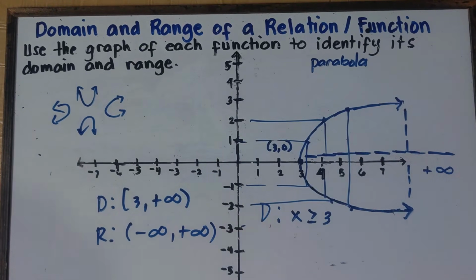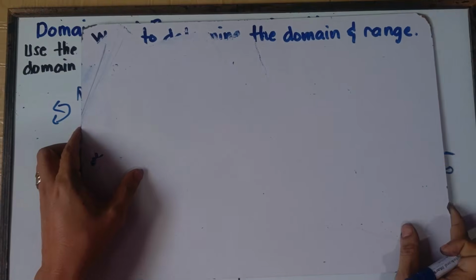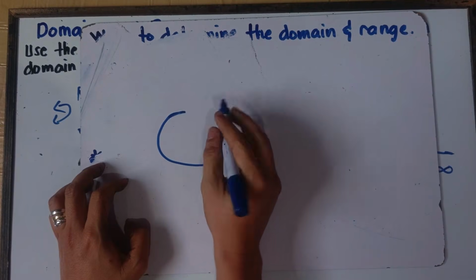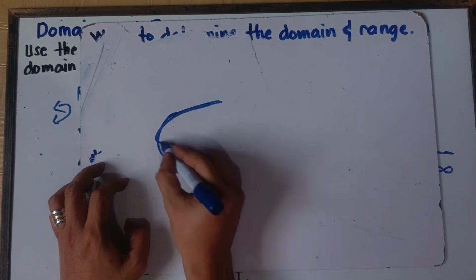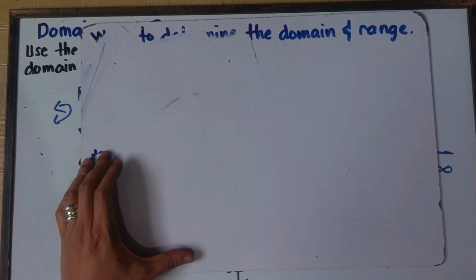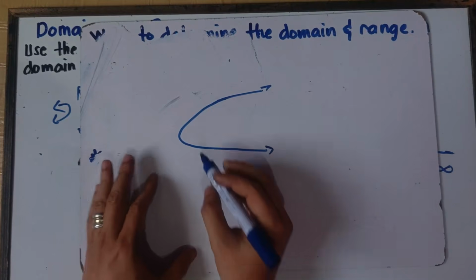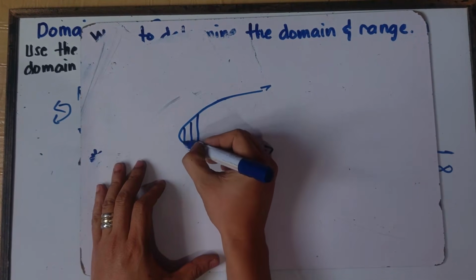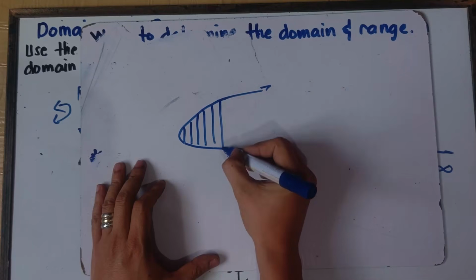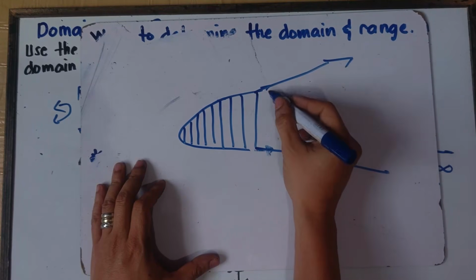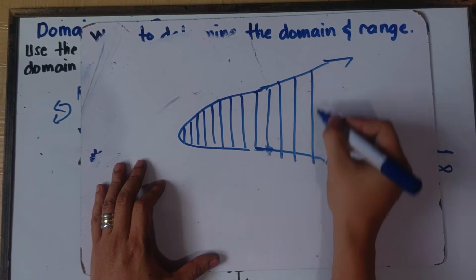Okay, the graph, class, let me just throw this one. The graph, class, it will extend infinitely. The graph, this one right here, the parabola opening to the right. Okay, the parabola opening to the right, class, it will extend infinitely. This one right here, vertical distance, it will extend, it will extend.